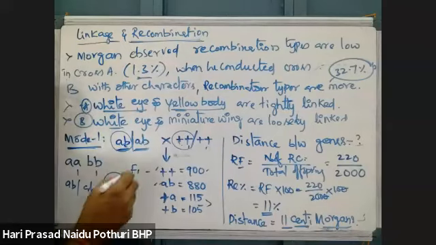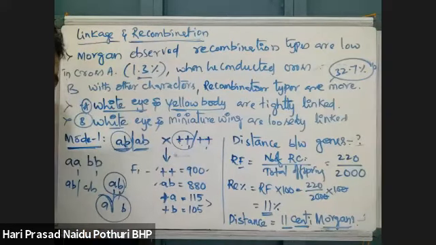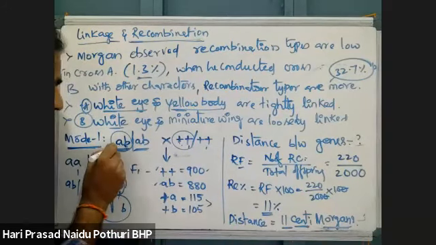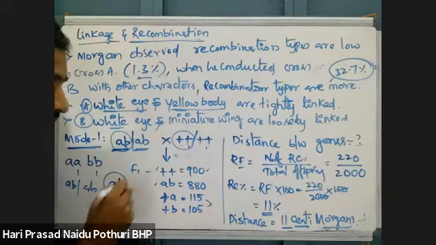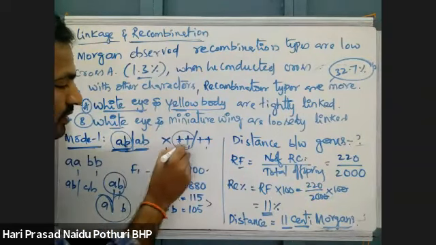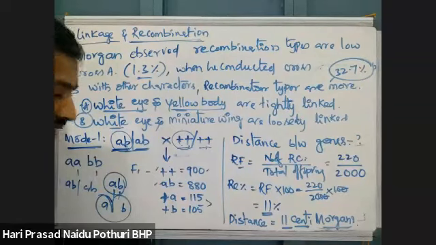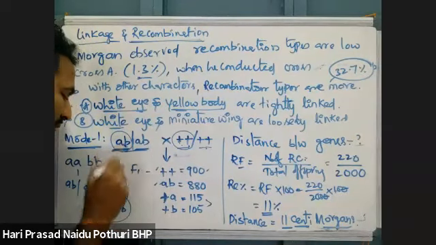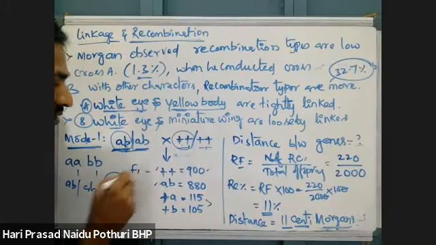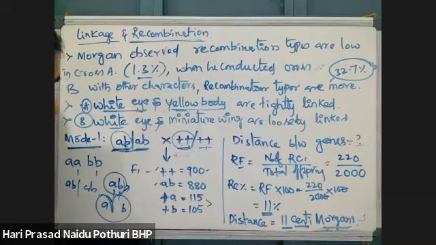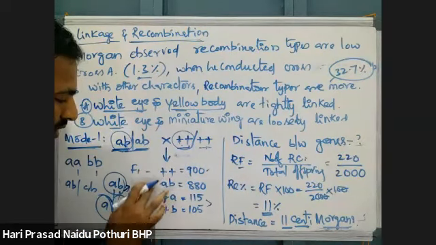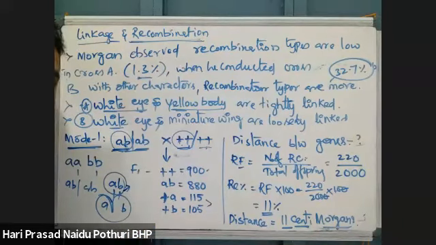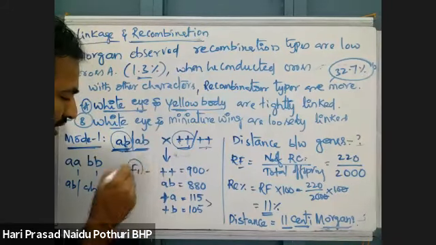Listen once more. This is one parental variety. This is parental. When a cross is conducted between homozygous AB genes and wild type, there was formation of progeny in these numbers, especially in F1.